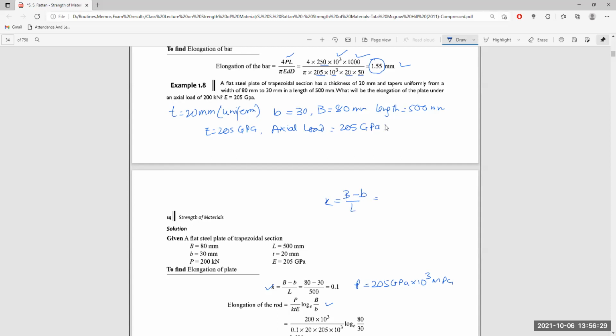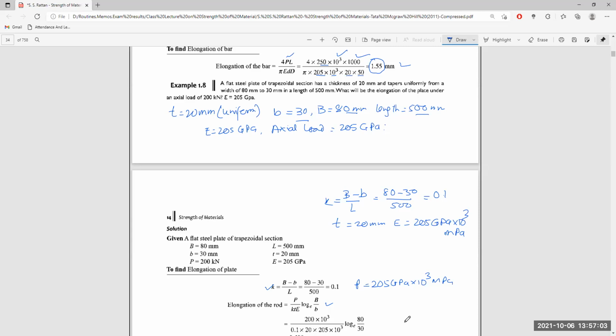Here B is 80 and b is 30, so 80 minus 30 divided by the length 500 millimeter becomes 0.1. The thickness is constant, 20 millimeter, and E is 205 GPa multiplied by 10 to the power 3 MPa.